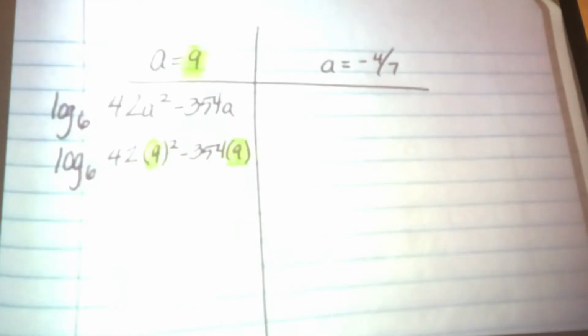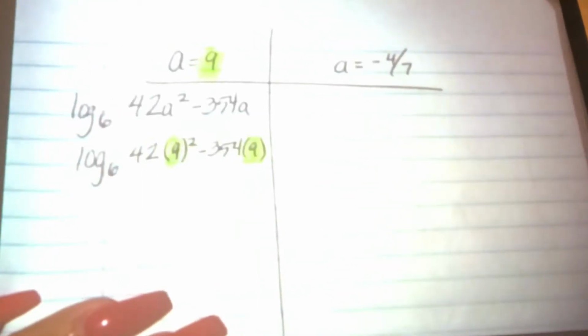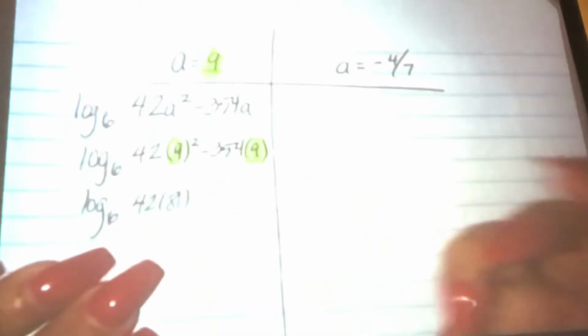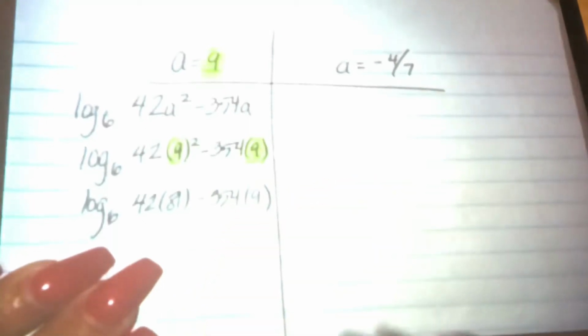So I want log base 6 of 42 times 9 squared minus 354 times 9. So all I'm doing is plugging in a 9 instead of a. Be careful because that a can look a whole lot like a 9, so I want you to see where I'm getting it from. So that's log base 6 of 42 times 81 minus 354 times 9.